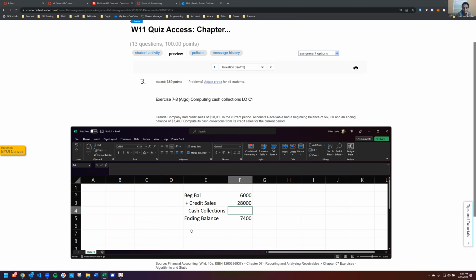So I could do it a couple different ways. Why don't we just go ahead and let's call this A, this B, this C, this D, right? So if I have A plus B minus C equals D, and I need to solve for C, I could swap C and D around, right?